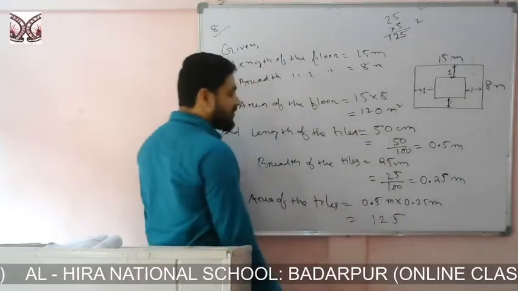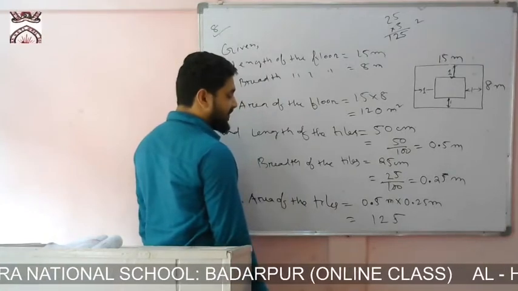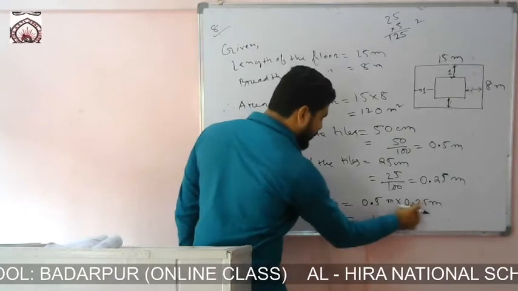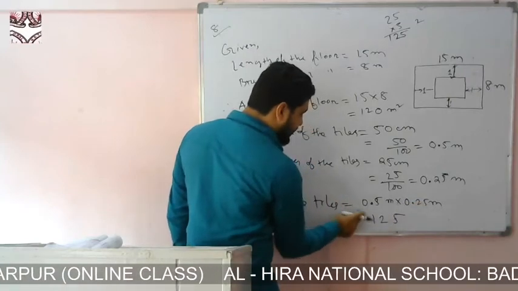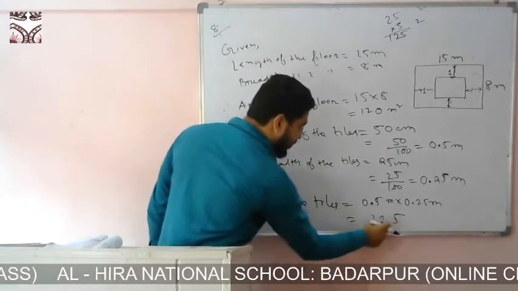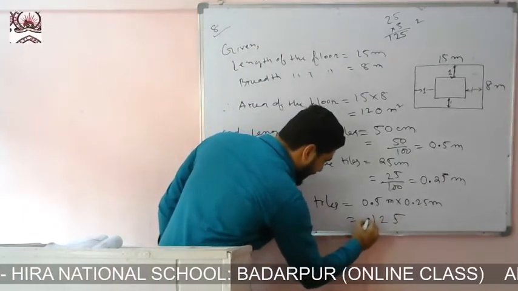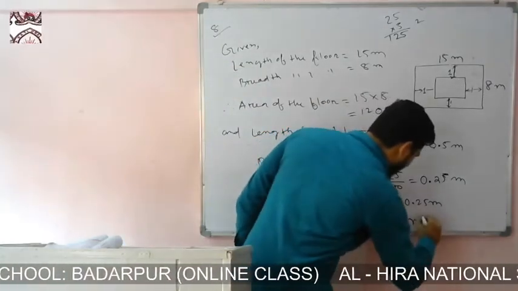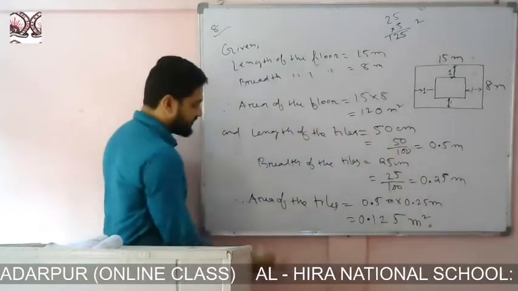After that you count the number of decimal places. Here 1, 2, here 1, so in total 3. So the decimal will be put before the 3-digit number. That means the point will come here. Then 0.125 meter square is the area of the tiles.